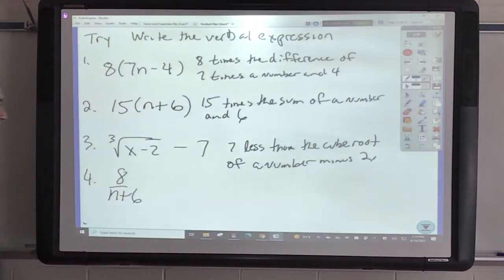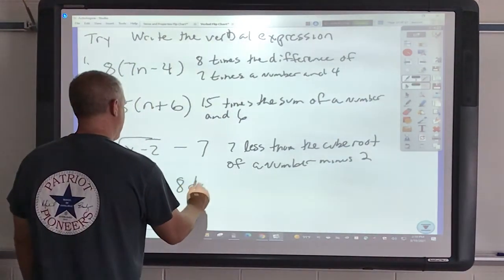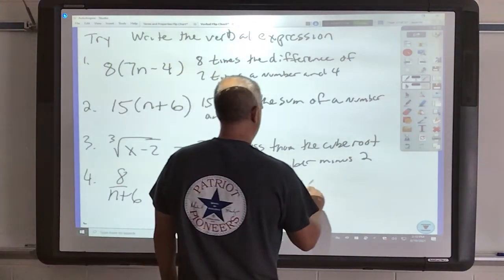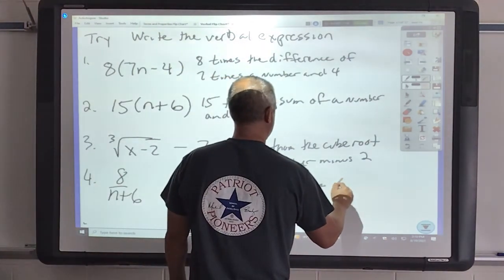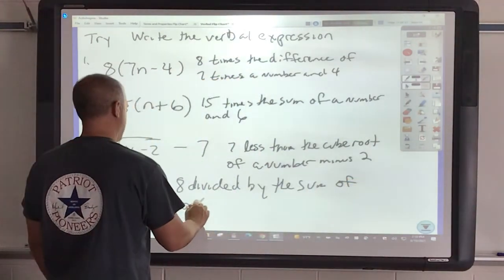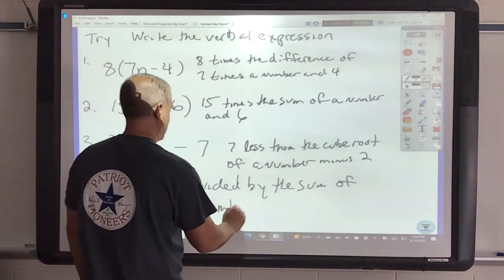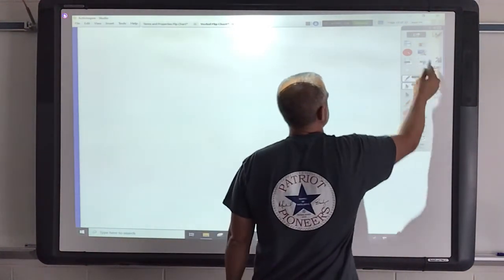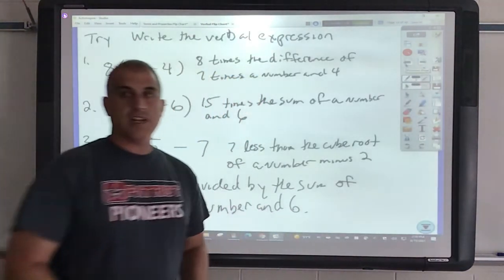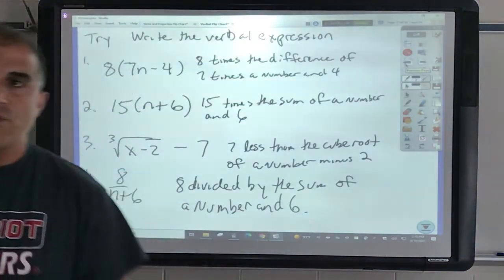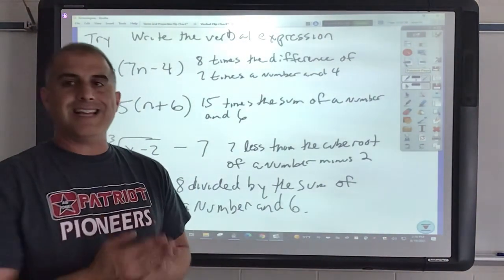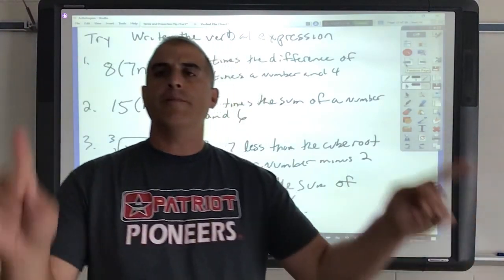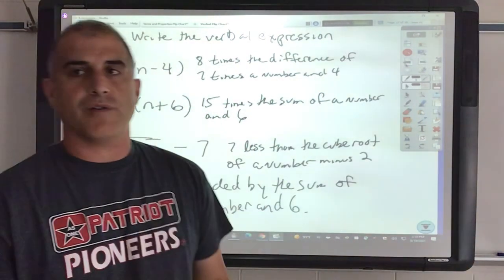And this one, I'm going to say 8 divided by the sum of a number and 6. Okay, and that's it. So that's translating. The key is that vocabulary at the end. Watch the less than, subtracted from, taken away from. Make sure you're switching the order of what you see first and what you see second.